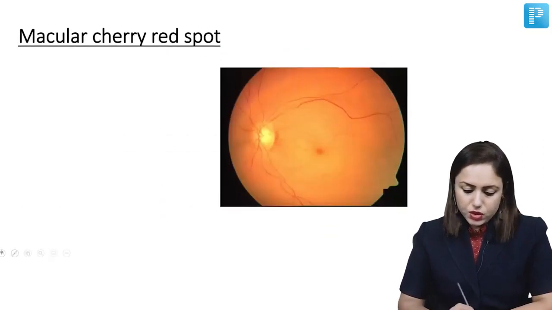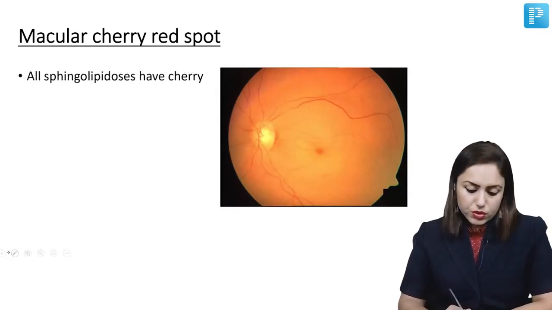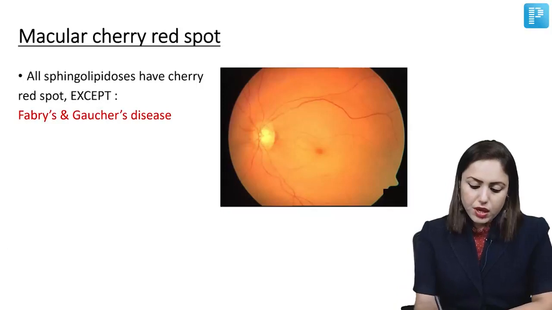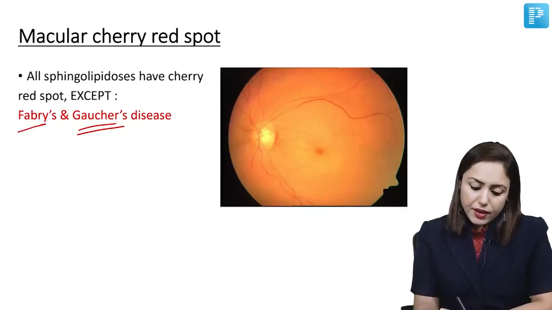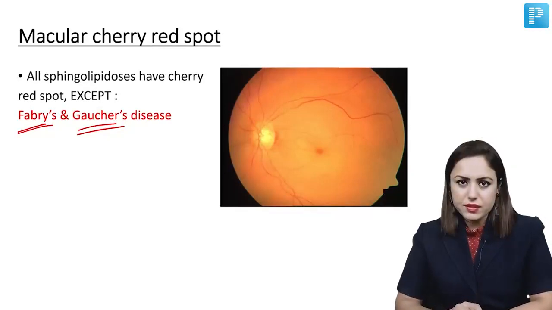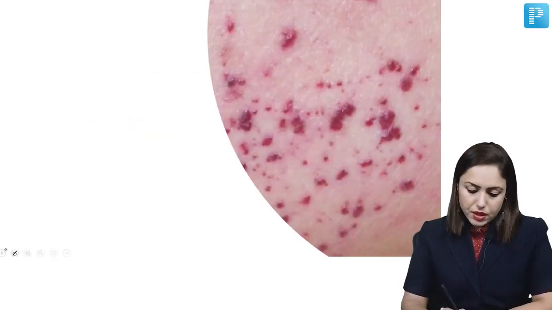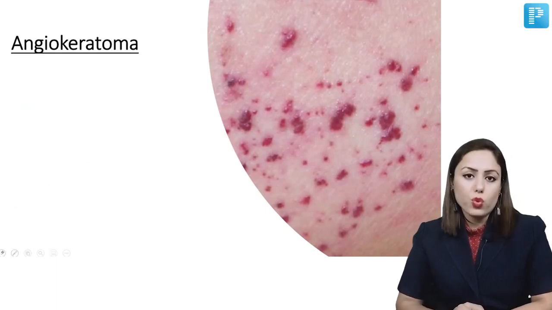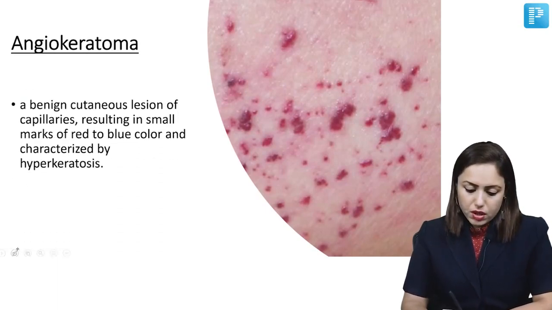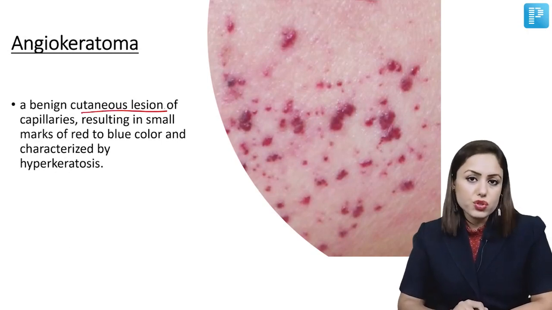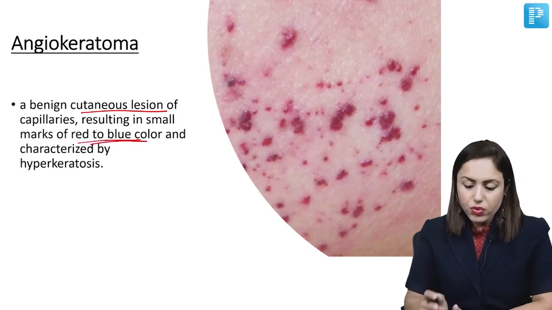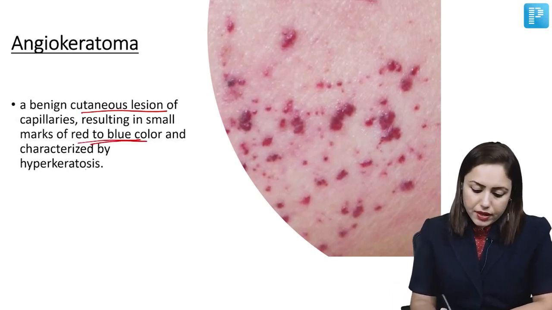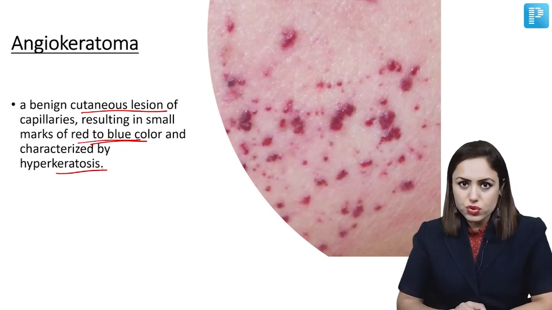Then this is the cherry red spot, which is macular cherry red spot found in sphingolipidosis. But all sphingolipidosis have cherry red spot except Gaucher's, I told you already, and one more, that is Fabry's disease. Okay, it is Fabry's disease. Then angiokeratoma. Angiokeratoma are benign cutaneous lesions of capillaries resulting in small marks, red to blue color, and they are characterized by hyperkeratosis.